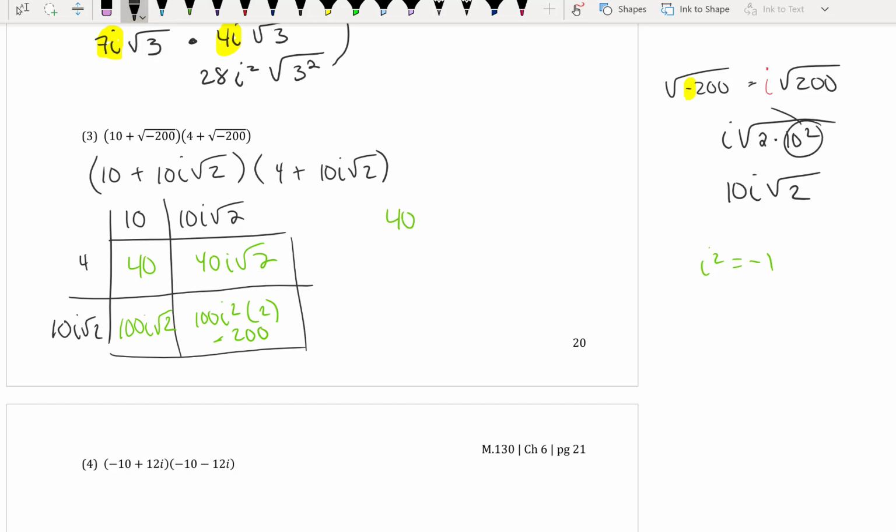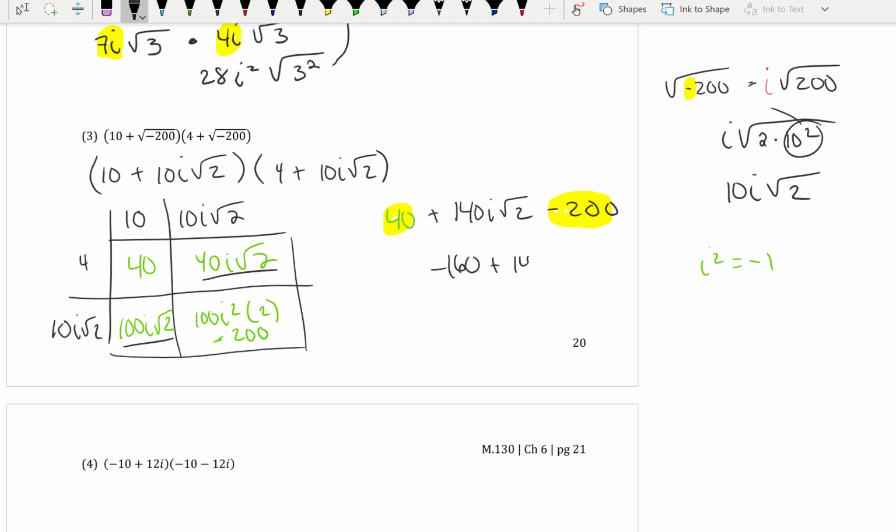So really, this ends up becoming 40. And I can add the diagonals. So 40i squared plus 100i squared is going to be 140i square root 2 minus my 200. And of course, I can add things together. So 40 minus 200 is going to give me a -160.